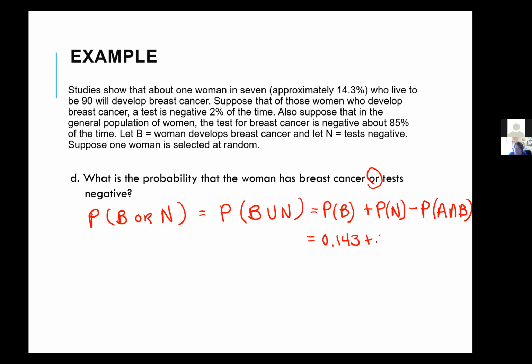The probability that she tests negative was given to me, minus the probability that I calculated that both of those things occur at the same time. So the probability of me having breast cancer or testing negative, my handy dandy calculator says that's 0.9901. Or there's a 99% chance that one or the other could occur. I don't know why I'd be interested in one or the other occurring, but I could.